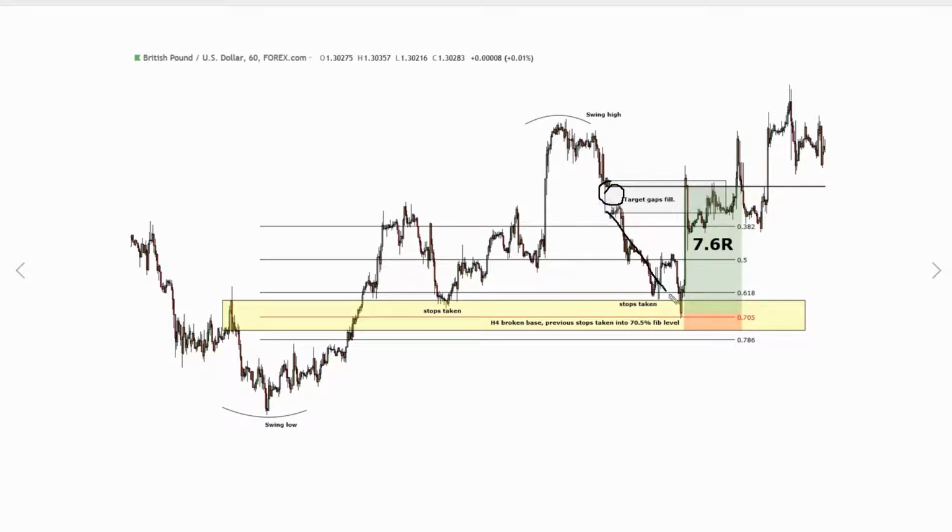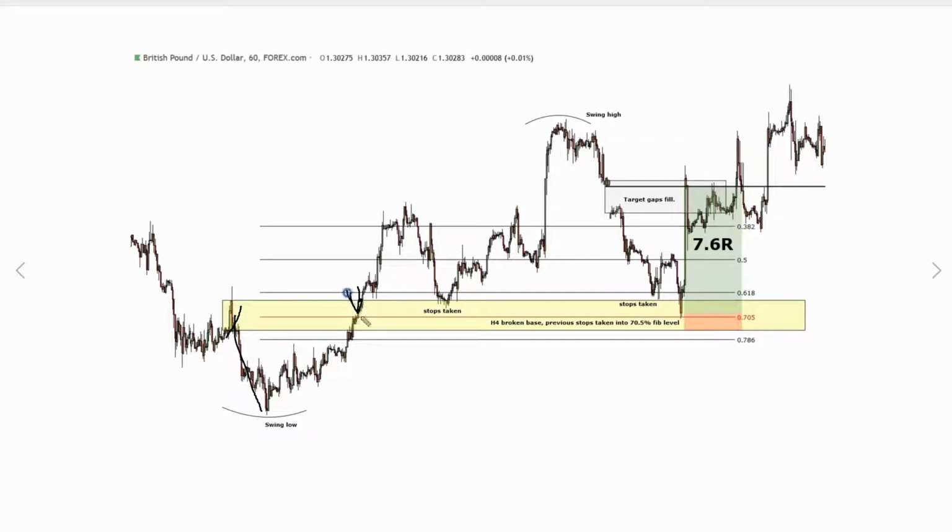Price started a sell-off at the beginning of the week. We had this double top, so the order flow was resting below these lows right here. Price hit the 705 retracement of the Fibonacci level, which will be covered in the Fib lessons, and then this is your long entry on this broken base, because we have an up candle before the sell-off which failed to act as resistance.